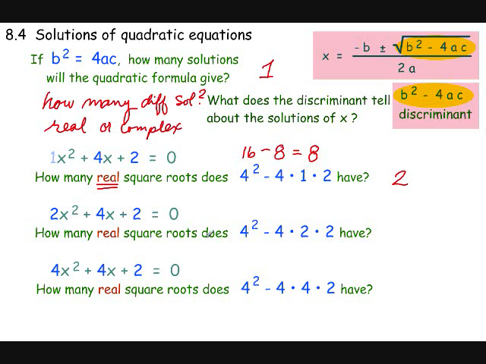How about this one? How many real square roots will this one have? We've got 16. We take this and square it. Minus 4. And now we're multiplying a times c. So that'll be minus 16. And that will give us 0.